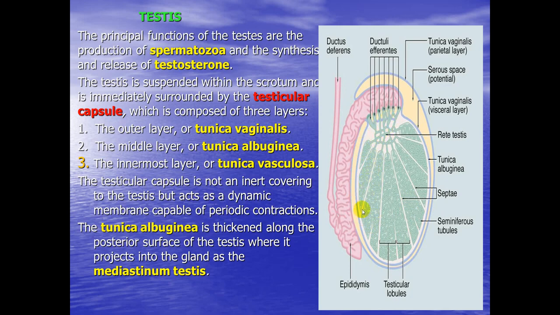Inside each lobule or compartment are present 1 to 4 highly coiled seminiferous tubules. They are blind-ending on the periphery and closed into the top of the pyramid. They empty into the straight tubules, and then the straight tubules form the rete testis.